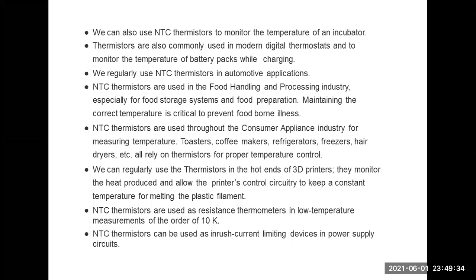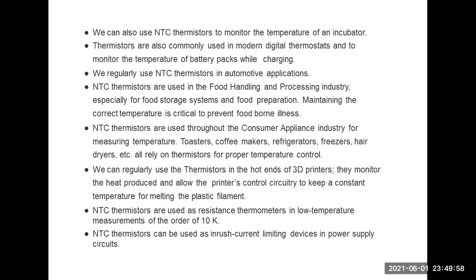The negative temperature coefficient thermistors are also used in automotive applications, and in the food handling and processing industry, especially for storing food and food preparation. Maintaining the correct temperature is very critical to prevent food borne illness. This is a very important aspect, right?